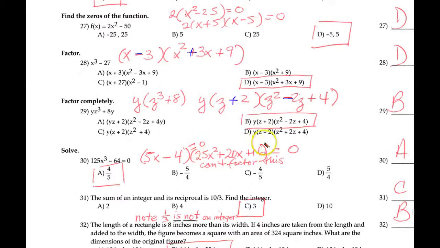We equate each of these to 0. But here we can't factor this. This doesn't factor, so we can't do anything with this. But we know one of the solutions would be this. So we equate that to 0, transpose the 4, becomes a positive 4, divide by 5, we get this.